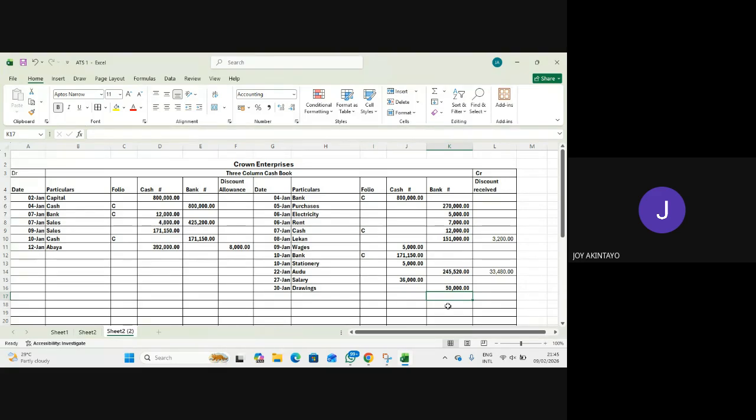Now which one are we debiting? We've done something like this before. Which one are we debiting? Cash account. We are debiting the cash account.